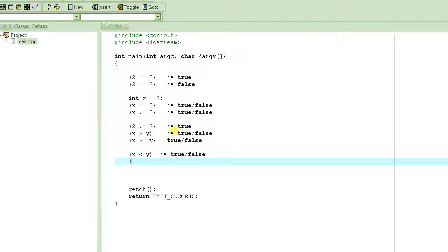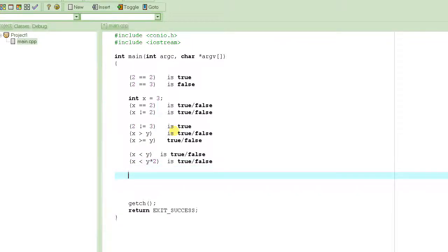You could also say something like x is less than y multiplied by 2. That's perfectly normal also. So what it's going to do is it will multiply y by 2 first, and then it will compare the value of x with the result of y multiplied by 2. And is that true or false? It will depend on the values of x and y.